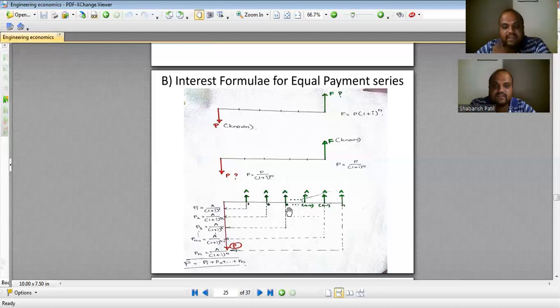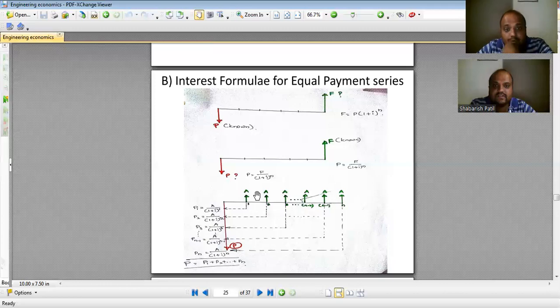Say if I keep 1 lakh, at a provided interest rate, I can draw around 2,000 rupees from the bank every month. If I keep a deposit of rupees 1 lakh in the bank, that will be my interest amount that I can take. It's the same as an annuity. I am keeping some amount in the bank, that is a negative flow, so that I can draw some constant amount at the end of every month.